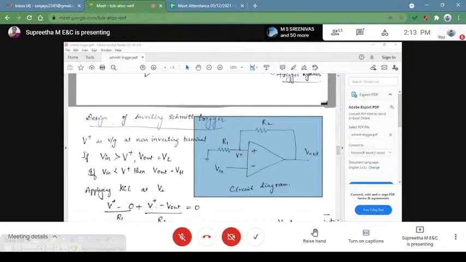V plus is equal to R1 divided by R1 plus R2 into V out. Did you get this equation? All of you? Yes, ma'am.